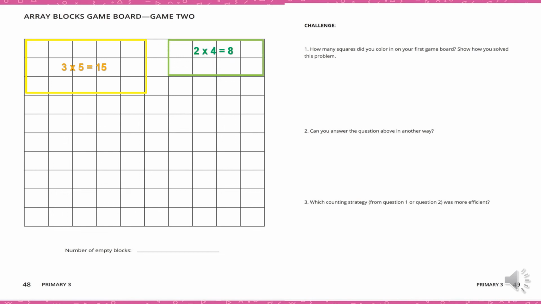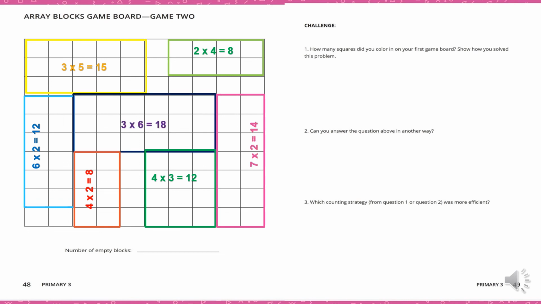Then 2 times 4, 2 rows times 4 columns, 2 times 4 equals 8. Here 6 times 2 equals 12, 6 rows and 2 columns. 4 times 2 equals 8, 4 rows and 2 columns, and so on.